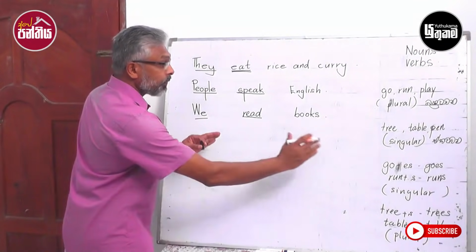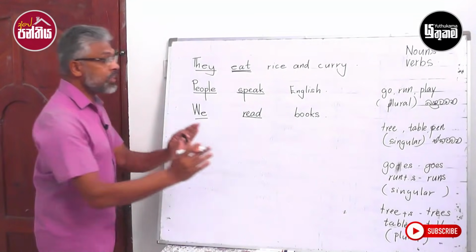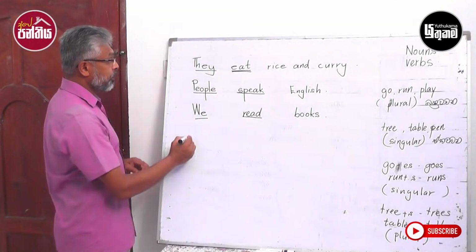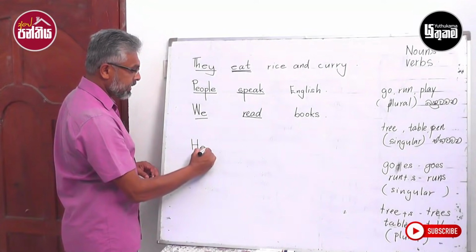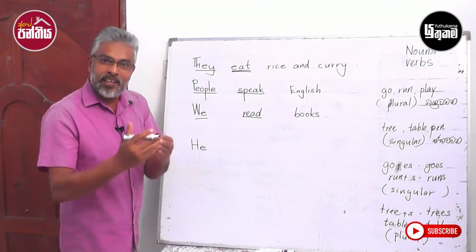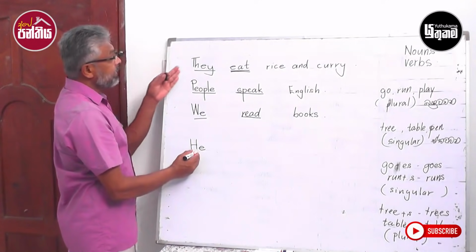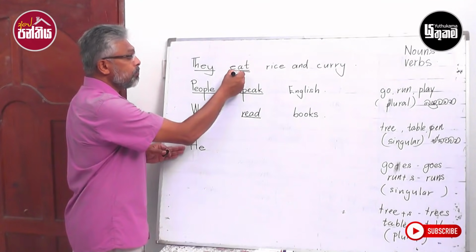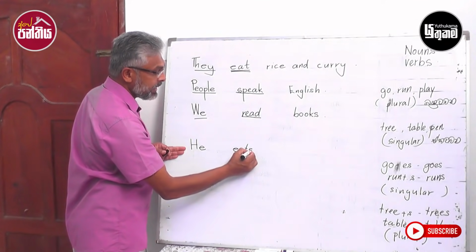Now we'll take some of these singular verbs, and with the singular verbs you need to use singular subjects. We'll say he. I take the same sentence for your better understanding. He, what happens when I write he here, and of course this verb becomes singular, it should be eats.